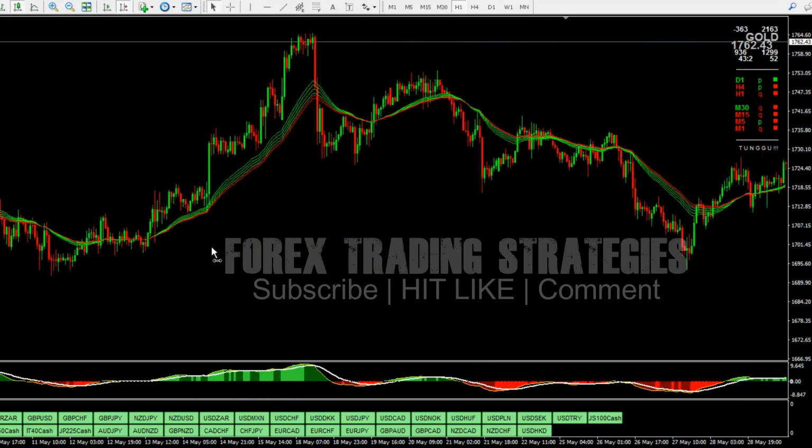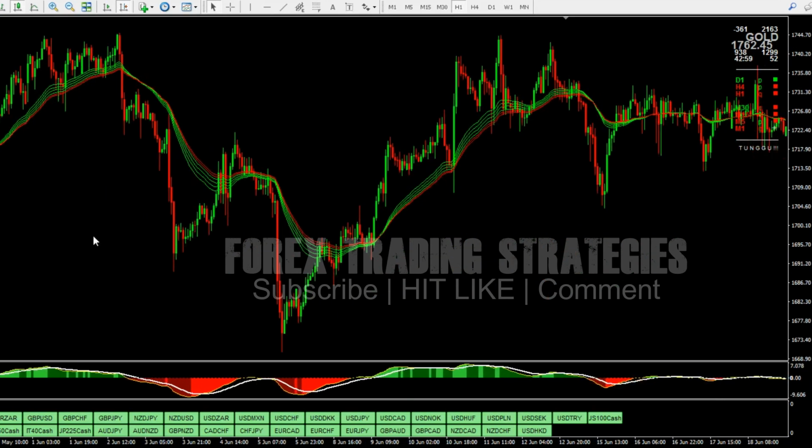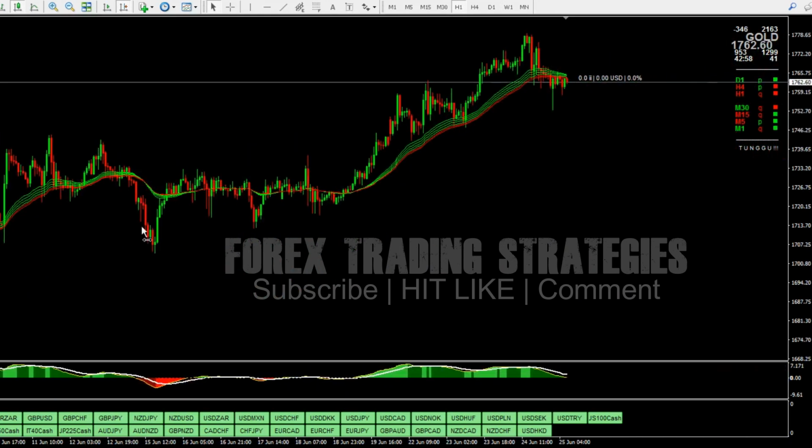Then you watch price interact with the indicator. When price starts moving away from the indicator, I'll show you trades that you shouldn't take and trades that you can take.